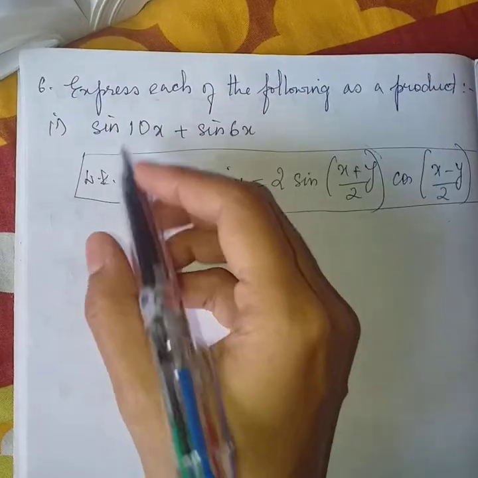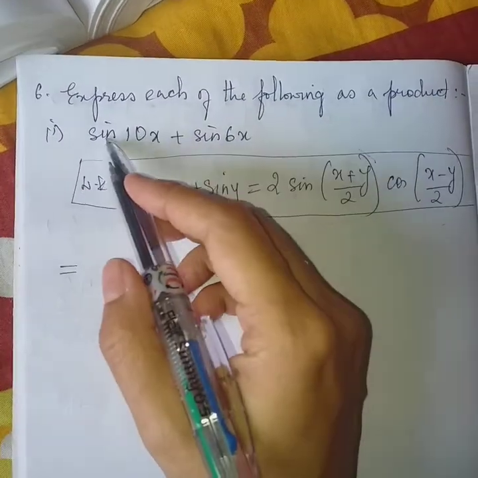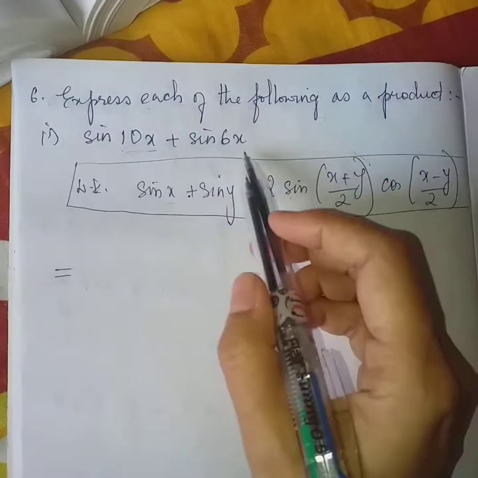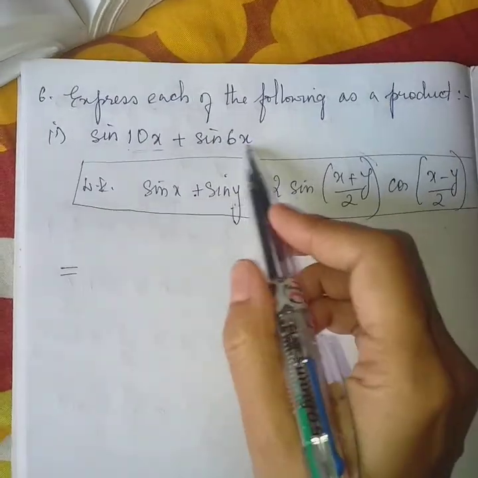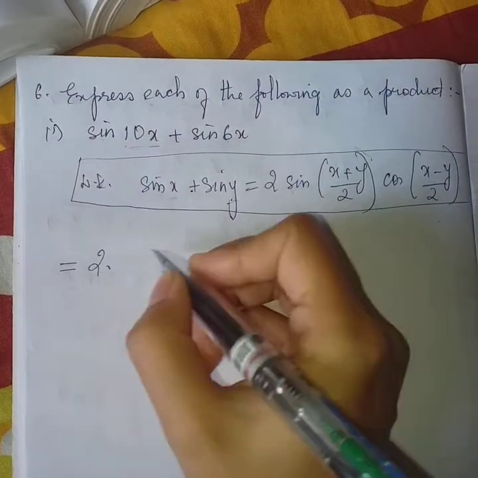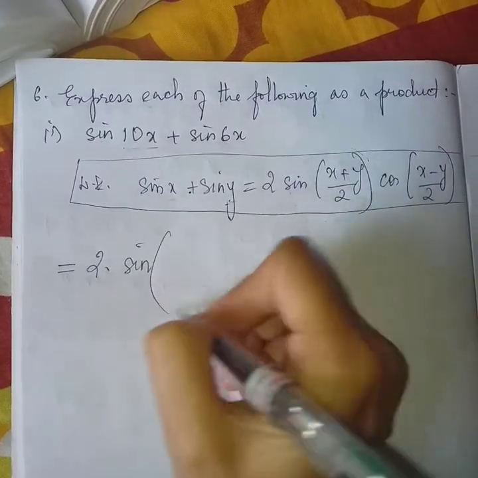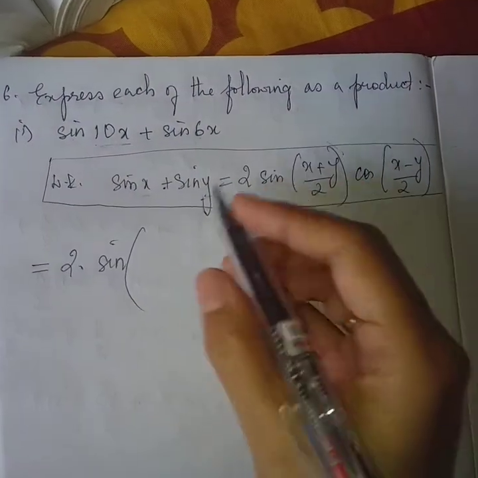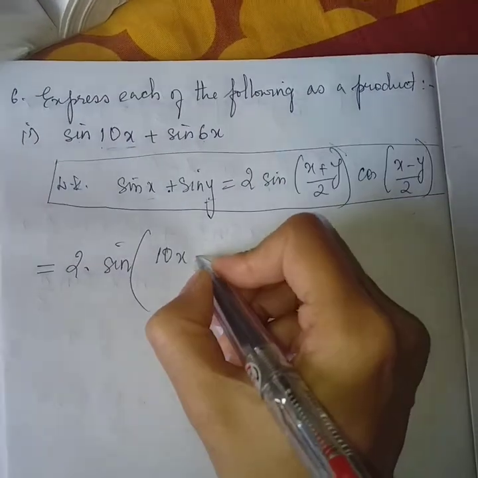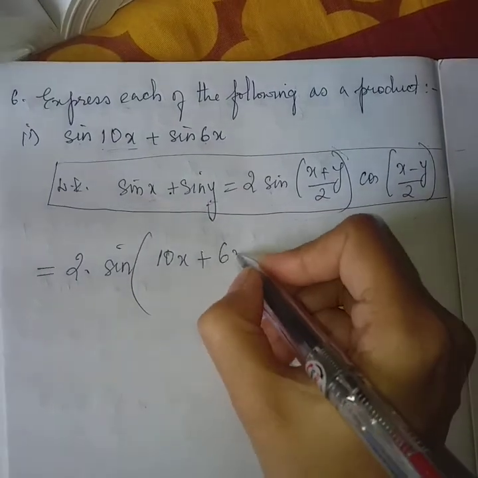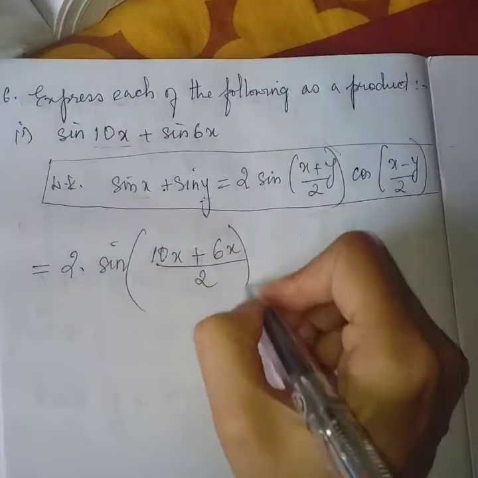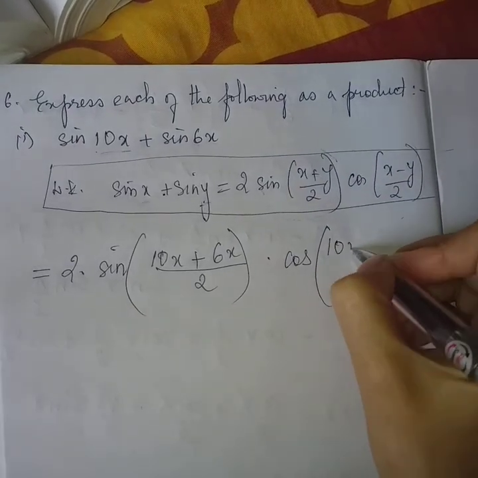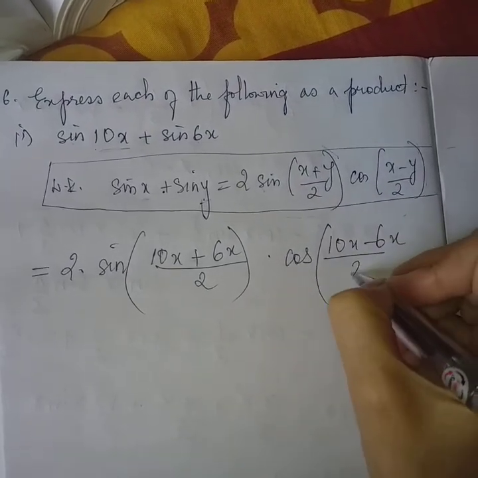So we apply this formula here. Instead of x we have 10x, and instead of y we have 6x. So this will be equal to 2 into sine of 10x plus 6x divided by 2, and cos of 10x minus 6x divided by 2.